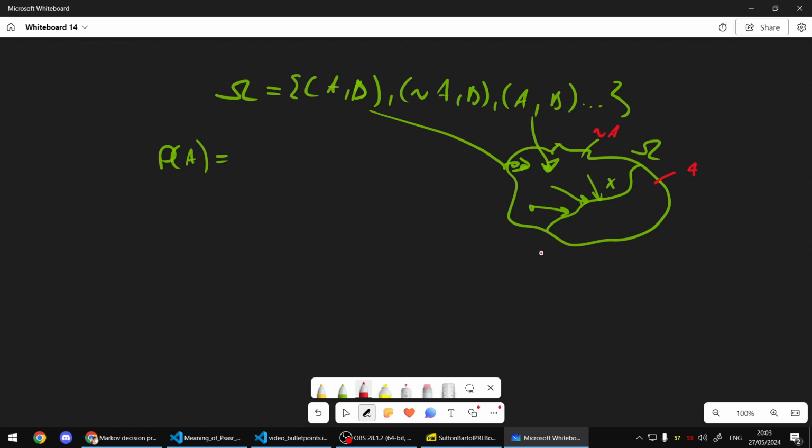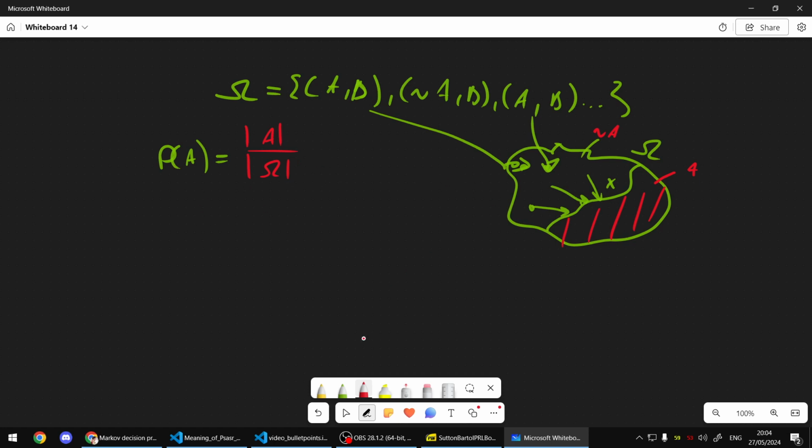The probability will be simply proportional to the ratio of this A to the whole omega in terms of size, number of cases. Okay, so this is the basic definition through lengths.